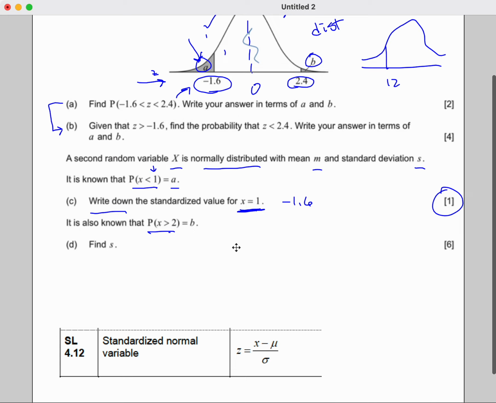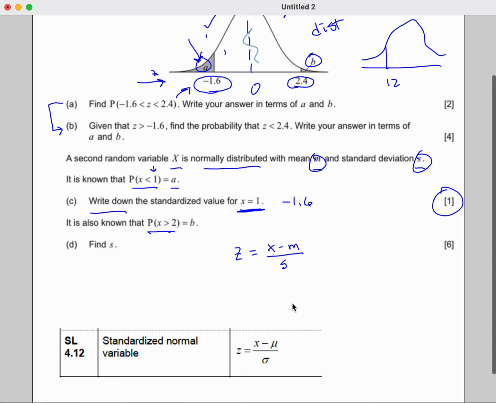For z equals x minus mu over the standard deviation, I'm going to replace this because the mean is m and the standard deviation is s. So I'm just going to use what they've given us. These are just the Greek letters, m and s.